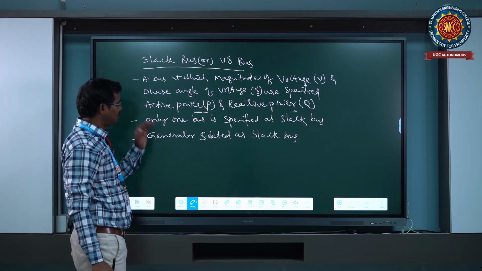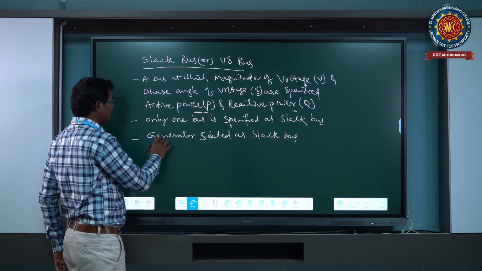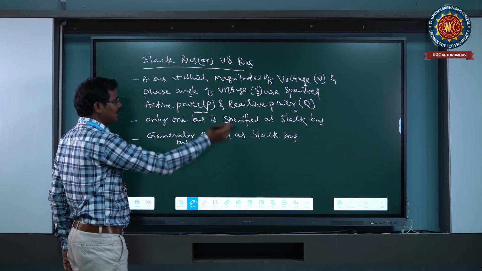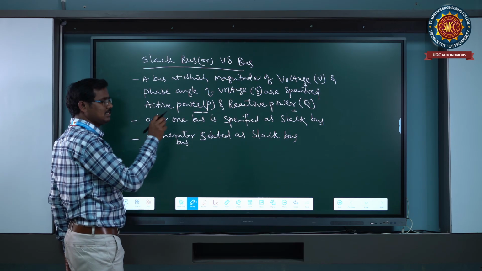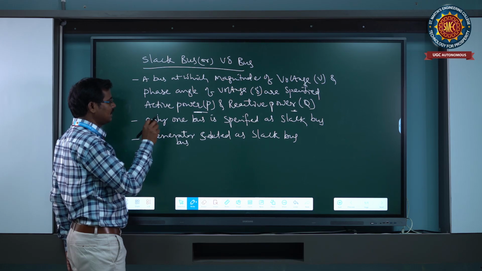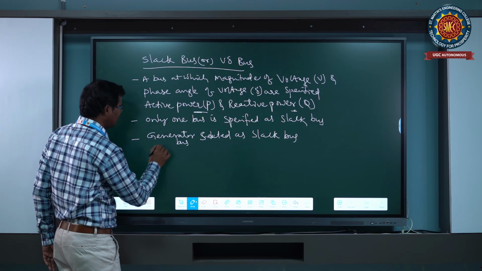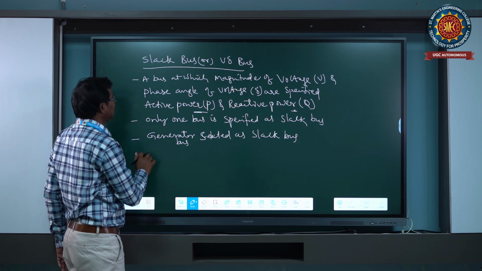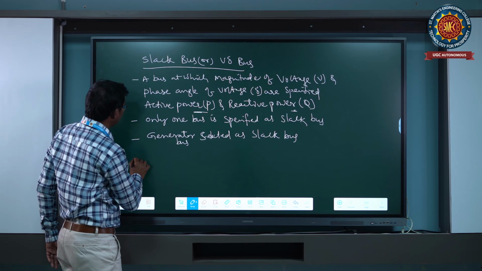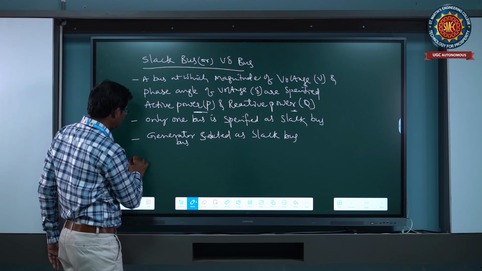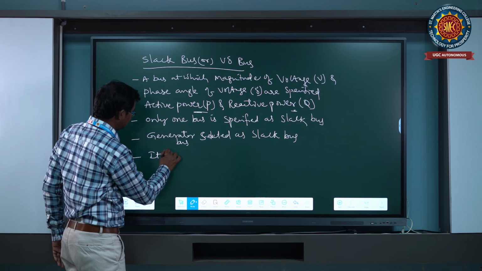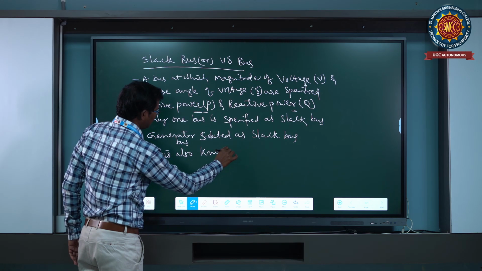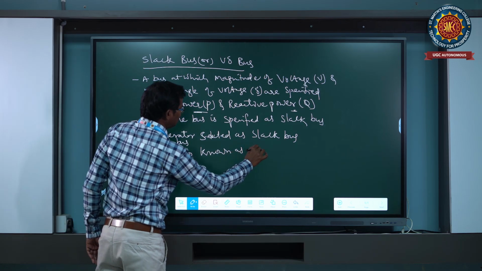In the power system, we can select one generator bus as the slack bus. That's why only one bus is specified of this type. The slack bus is also known as V delta bus.